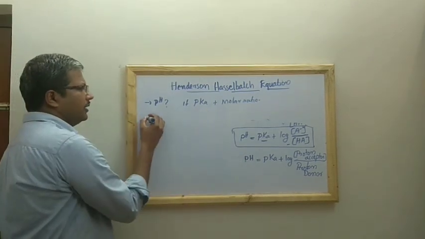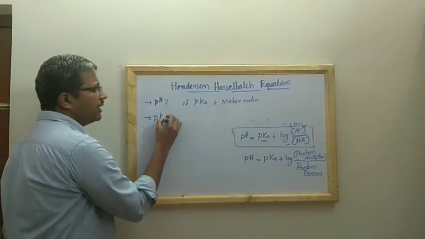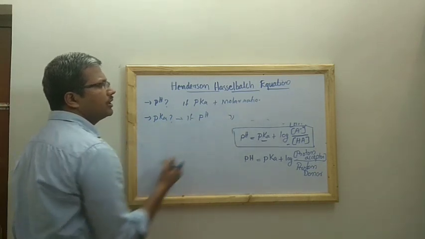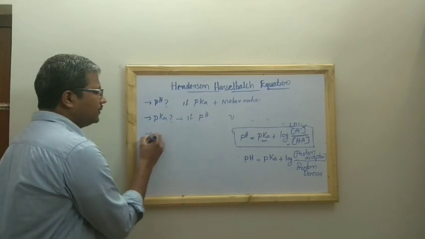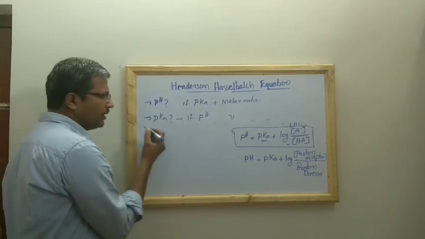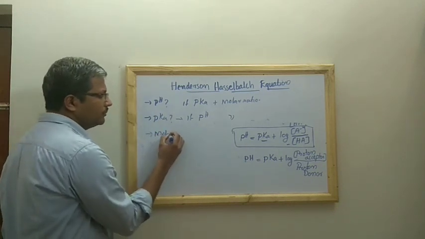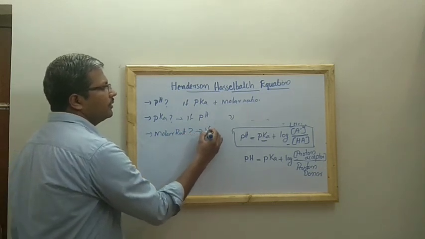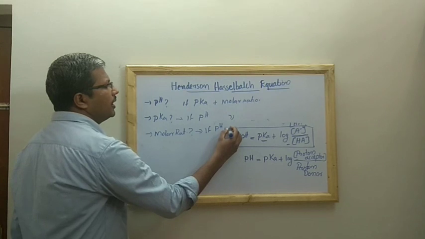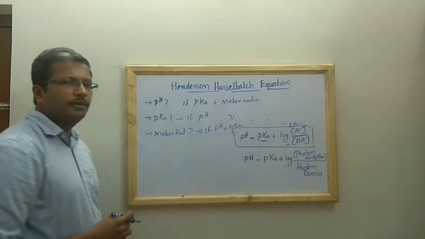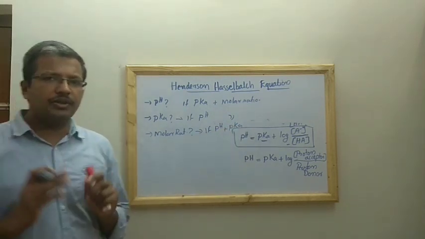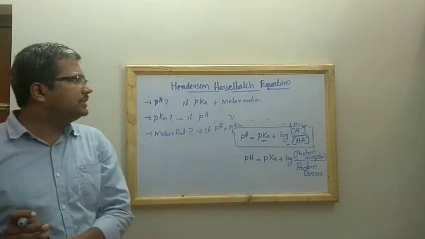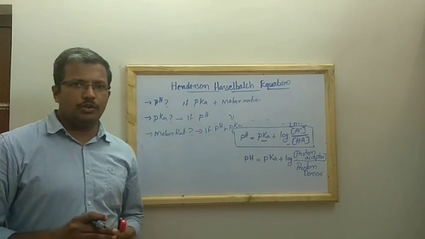Now the same thing: you can find out pKa if pH and the molar ratio are given. And also this equation can be used for finding the molar ratio if pH and pKa are given. So these are the three applications of the Henderson-Hasselbalch equation, the purposes for which we can utilize it.